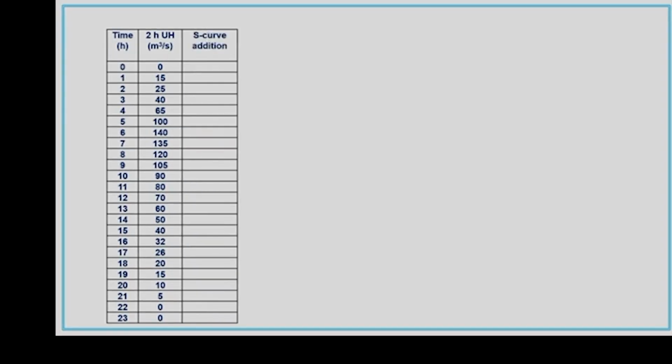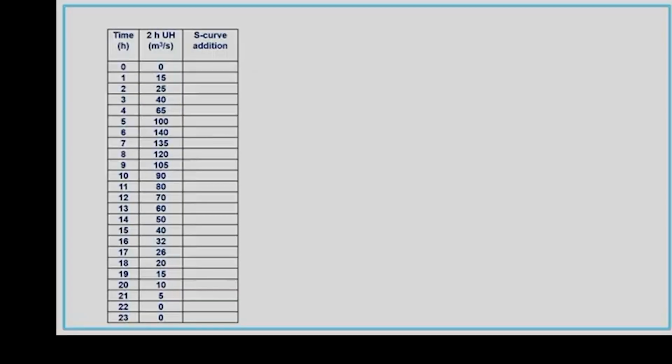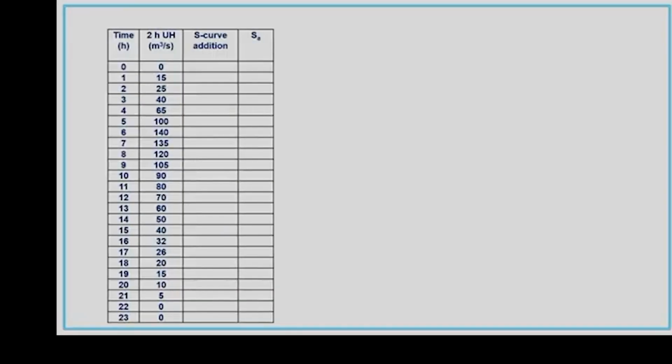We have been given the 2-hour unit hydrograph. The 2-hour unit hydrograph ordinates in meter cube per second are given, but the ordinates are given at an interval of 1 hour. Here I am not going to directly add this, I am putting the S curve addition column. After that, we will be having the S hydrograph.